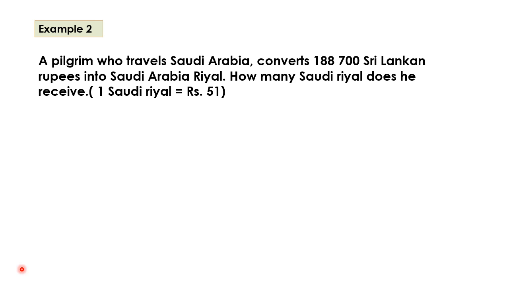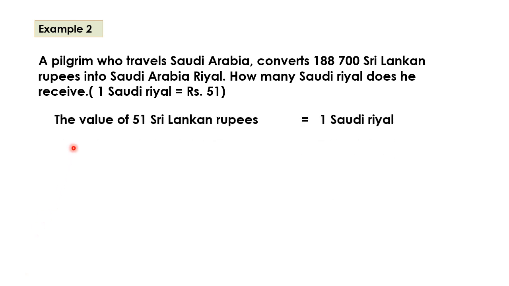As we discussed in the previous case, let's keep the question on the right side. Question is how many Saudi Riyal? So let's write like this. The value of 51 Sri Lankan rupees is equal to 1 Saudi Riyal. 51 rupees equal to 1 Riyal.